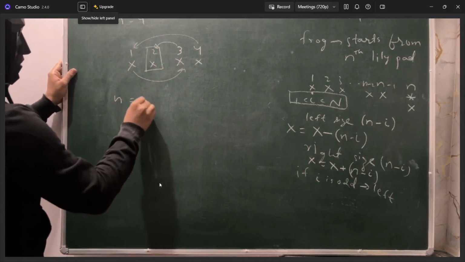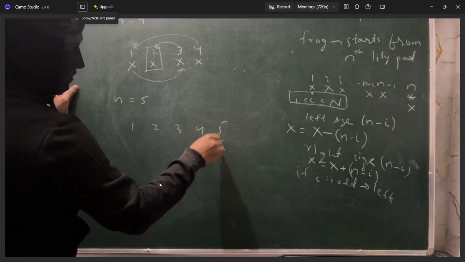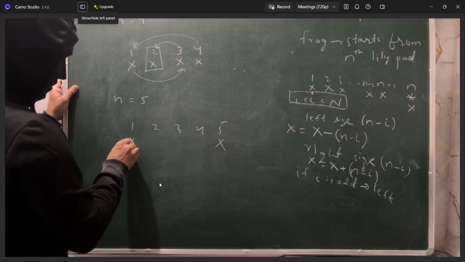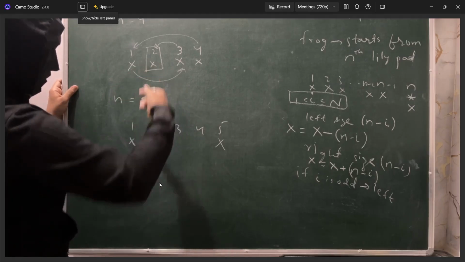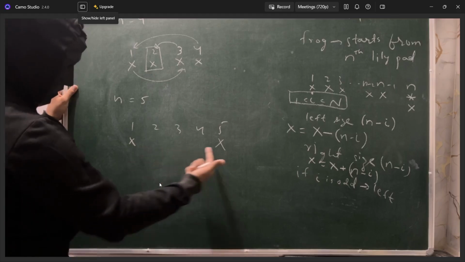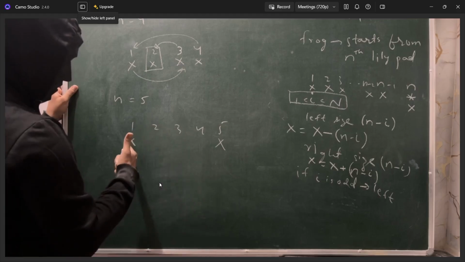When n is 5, we can consider it this way also. Your frog initially is here, he'll be moving to this position, the farthest end. In the next step, if you do the mathematical calculation, it will boil down to the way I'm doing. So the frog is here, now he'll be moving to this position.